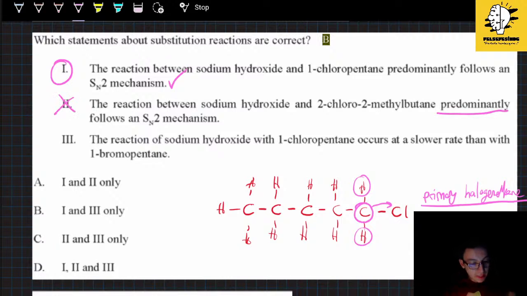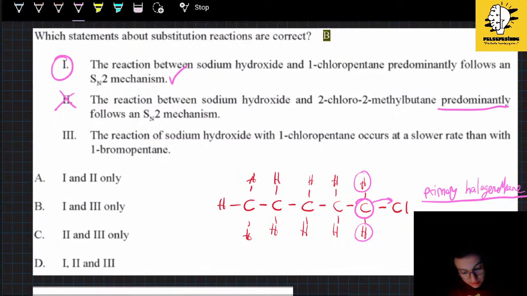Wrong. The reaction of sodium hydroxide with 1-chloropentane occurs at a slower rate than with 1-bromopentane. This is definitely correct, because bromo is a better leaving group than chloro.